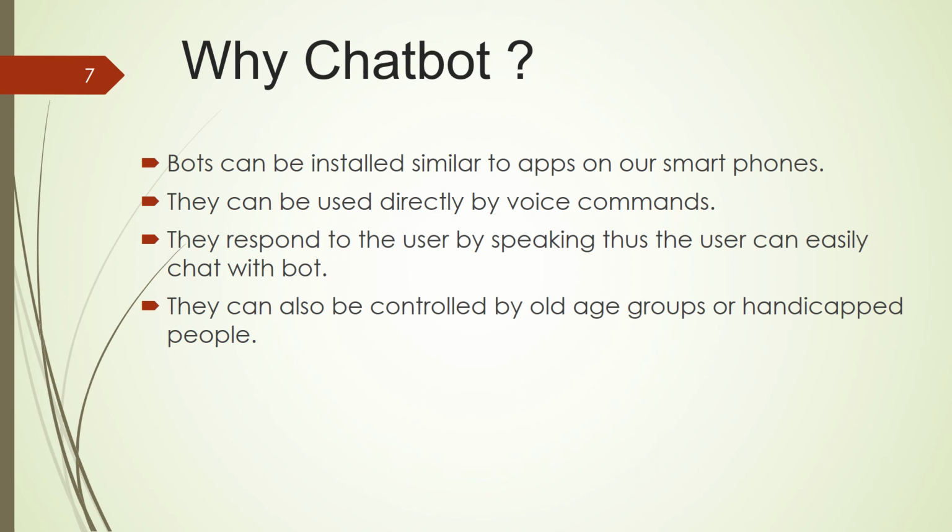Another important point: suppose someone is blind and cannot see but can talk, so the chatbot comes in handy here. So why chatbot? The chatbot is present to facilitate handicapped people, old age people, and not only old age people but all age groups. It also supports those who are not technically advanced enough to understand the systems, because the chatbot can easily explain it to them.